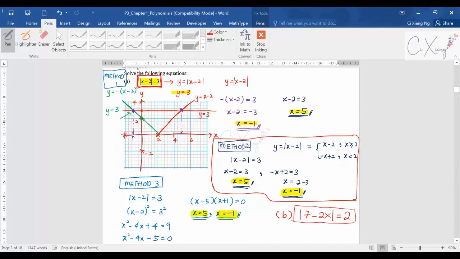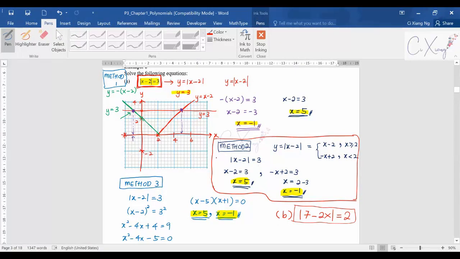If you are at home now and very free, I suggest you solve it using all 3 methods to see whether you get the same answer, and at the same time you practice. Part B and part A have the same pattern. The best method to me is method number 2, but if you want, you can try all 3 methods here.